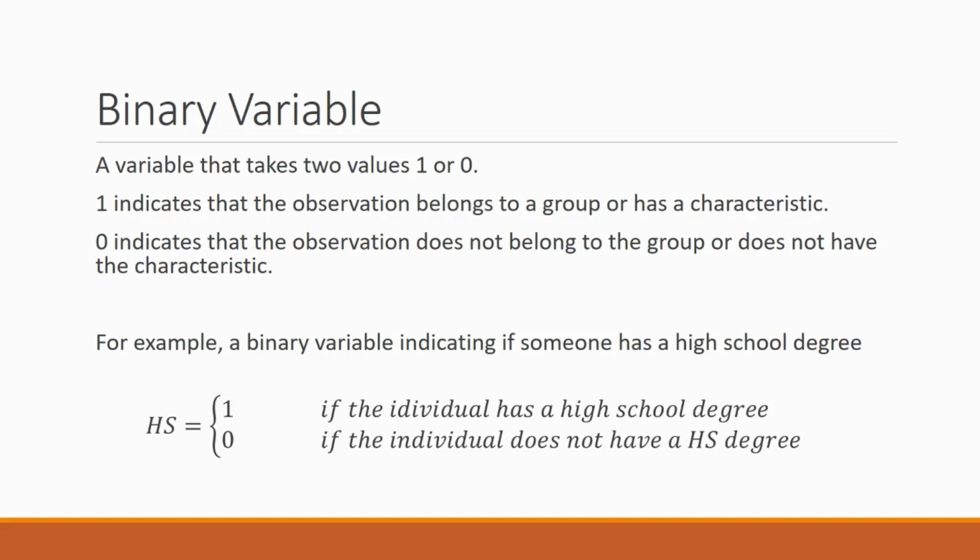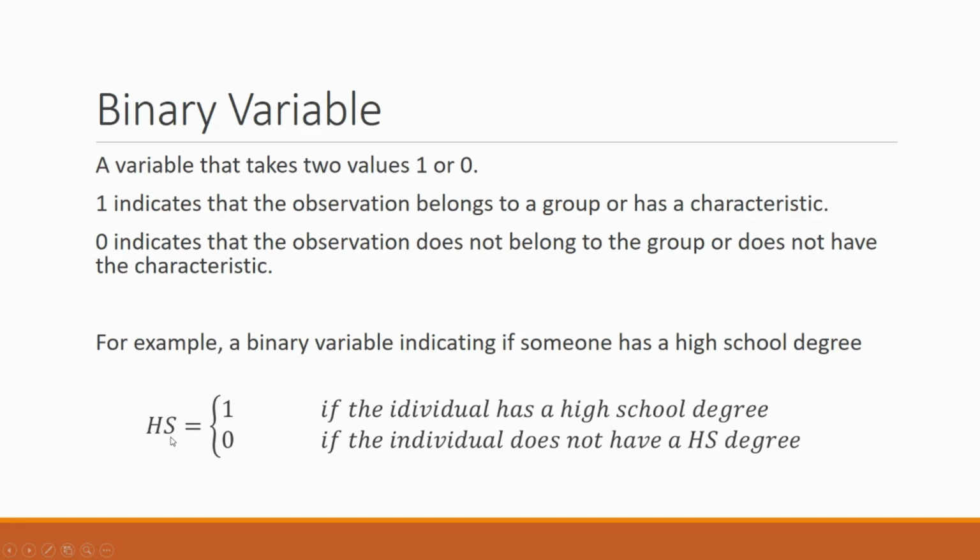All right, so that is a binary variable. It equals 1 if they belong to the group. It equals 0 if they don't. So it equals 1 if they have a degree, and 0 if they don't. It's binary. There's only two options. Usually when we name a binary variable, we name it by whatever the 1 would indicate. So if 1 is supposed to indicate that they have a high school degree, then we give it a name like high school or high school degree, and then it's kind of intuitive.